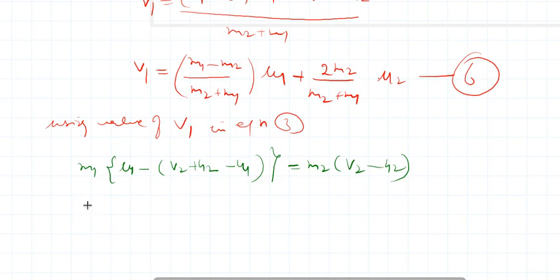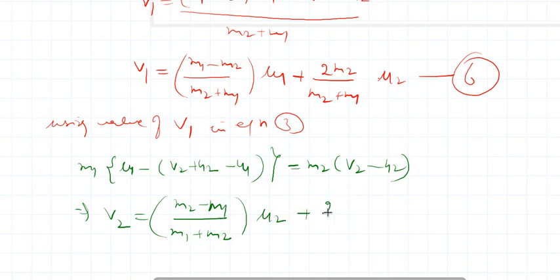Doing a little algebra, from here I can calculate V2, and V2 comes out to be (M2 minus M1) over (M1 plus M2) U2 plus 2 M1 over (M1 plus M2) U1. Let me call this equation number 7.